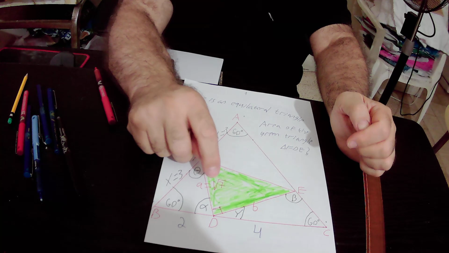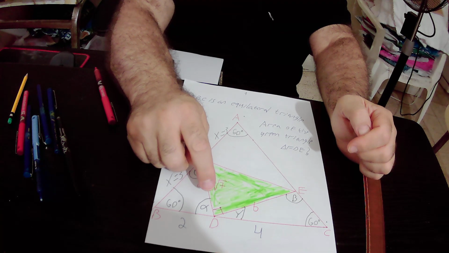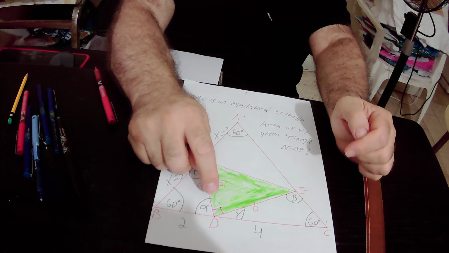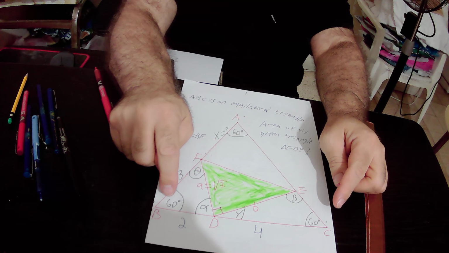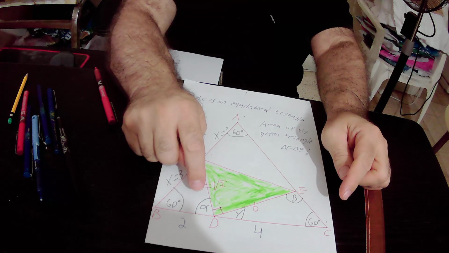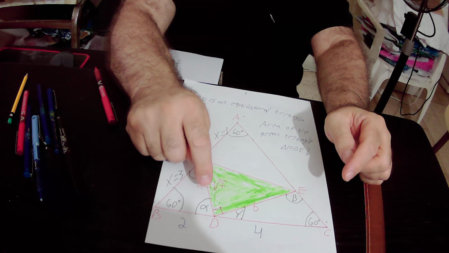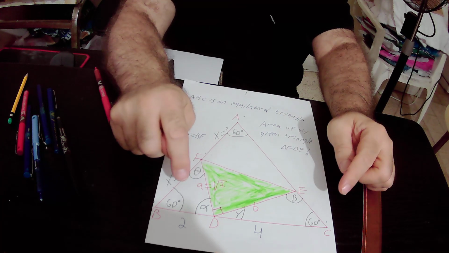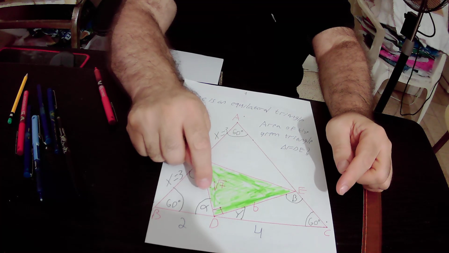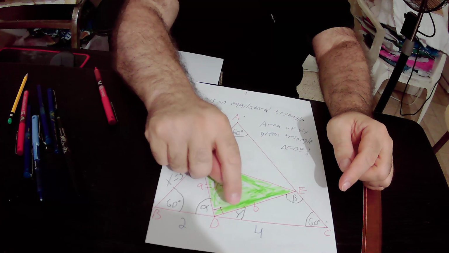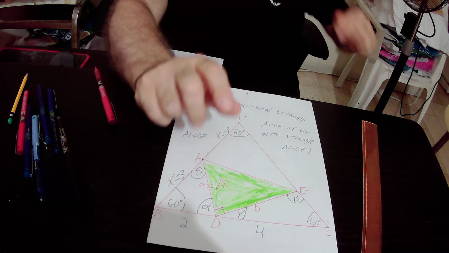That is to say, if we look at point D, the sum of the angles on the upper side of line segment BC equals 180 degrees. So, what are the angles on the upper side of line segment BC at point D? They are actually alpha plus 90 degrees plus gamma, and the sum of those angles equals 180 degrees.